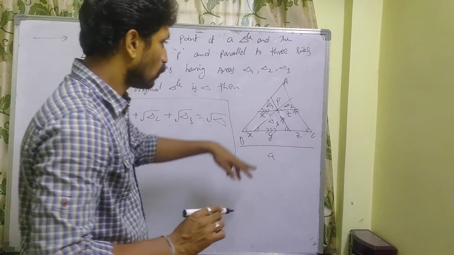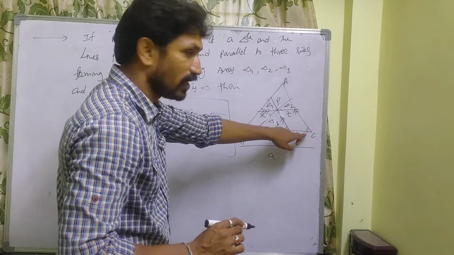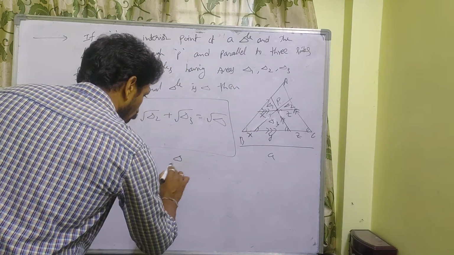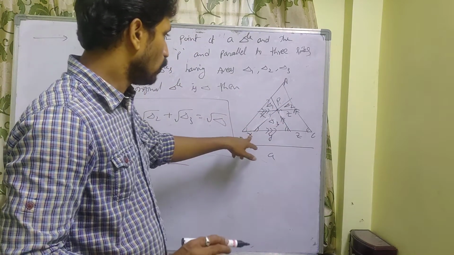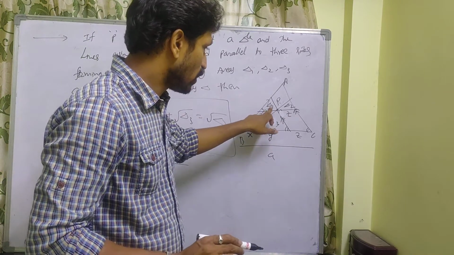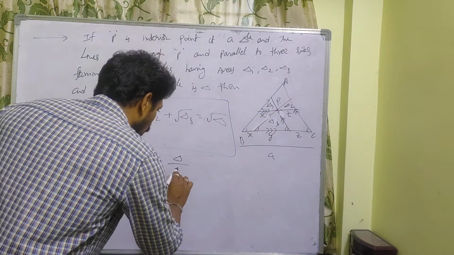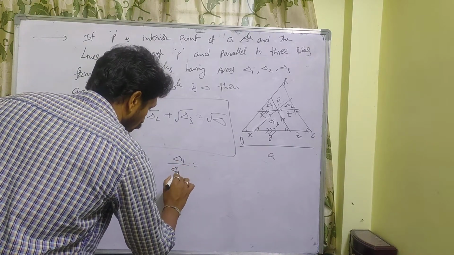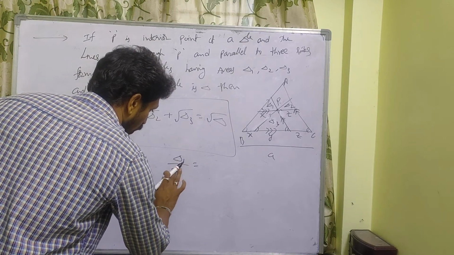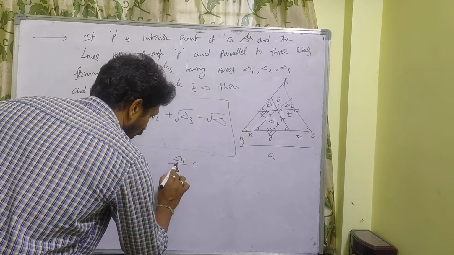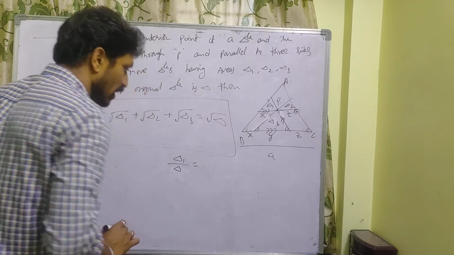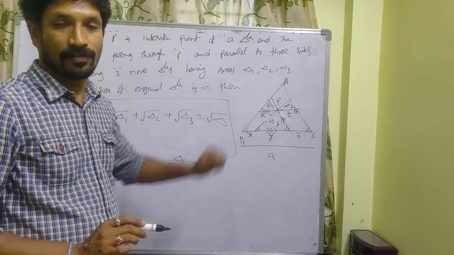So what can you conclude here? The area of triangle ABC is denoted by delta. So, if you take the first triangle delta 1, delta 1 by delta, no problem, anyone you can take. For our convenience, I am taking delta 1 by delta. Delta means the original triangle area, delta 1 means this triangle area.